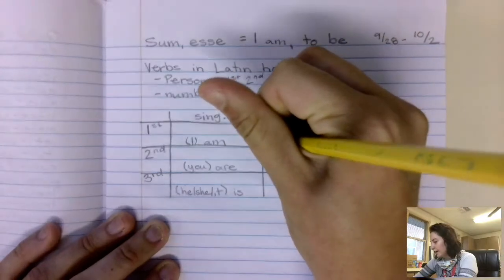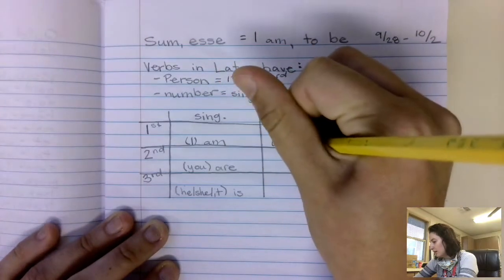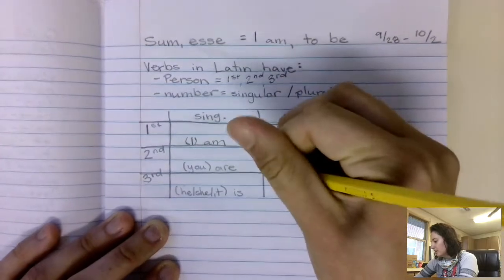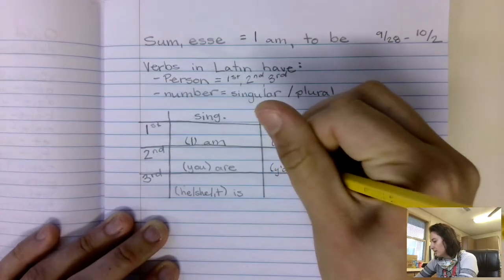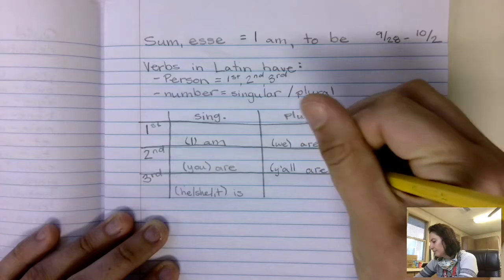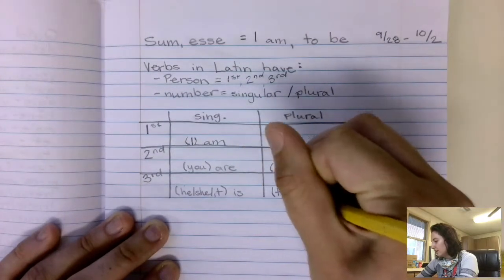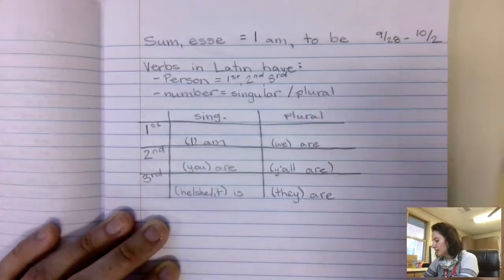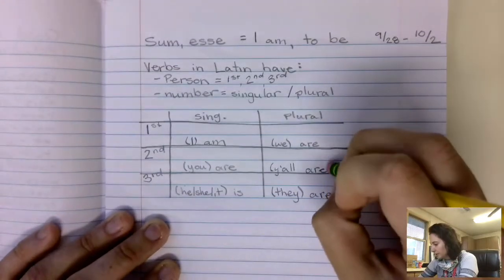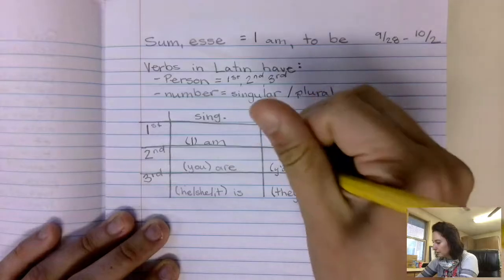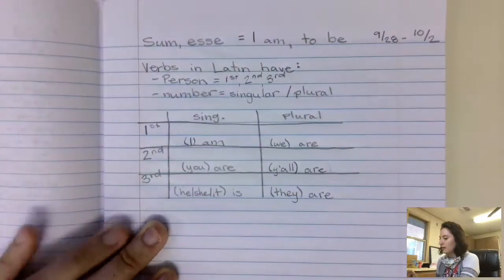Then we have we are, y'all are, and they are. And I just realized I put the parenthesis in the wrong place here. Let me fix that. Alright.